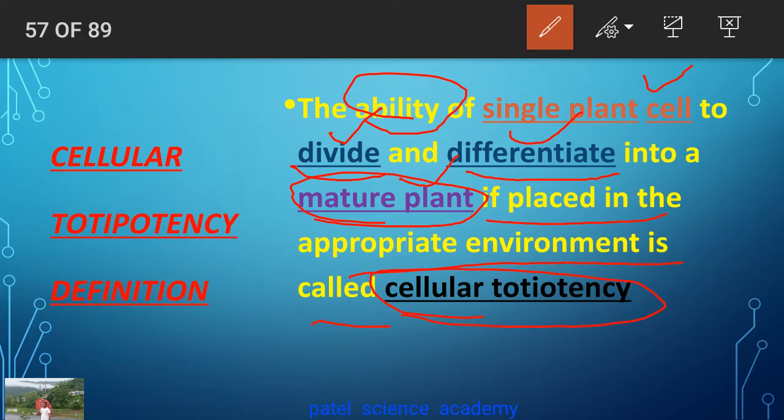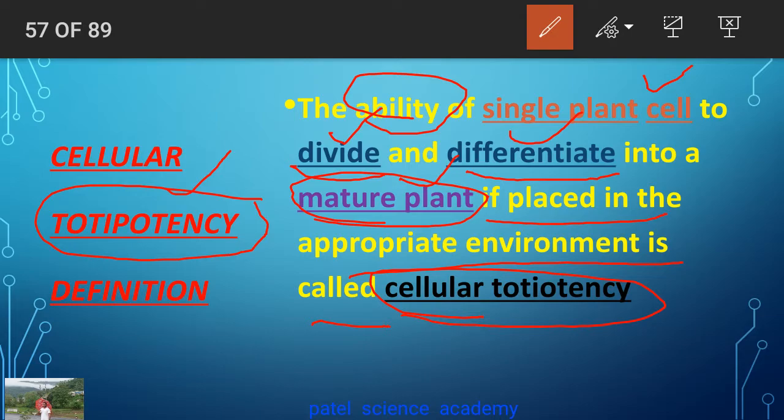Dear students, it means if the cell has the ability to divide and differentiate into the different parts, it becomes the complete matured plant if it is given an appropriate environment in the laboratory. So that cell which has this ability is called the totipotent cell.